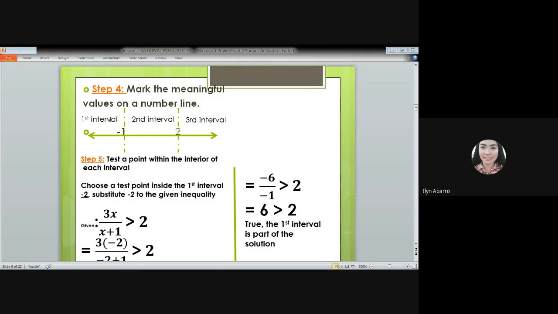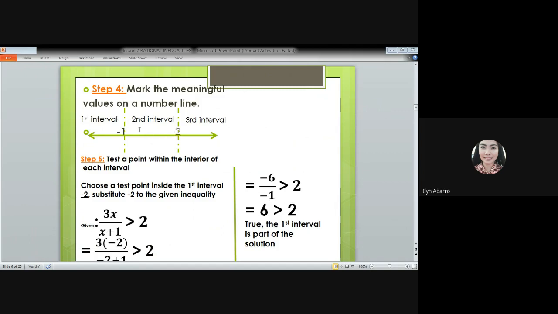So as you can see here, we form three areas. Okay, from -1 to the left, or from -1 to negative infinity. When we say negative infinity, it is those numbers going to the negative side up to infinity. Okay, and the middle section is between -1 and +2.